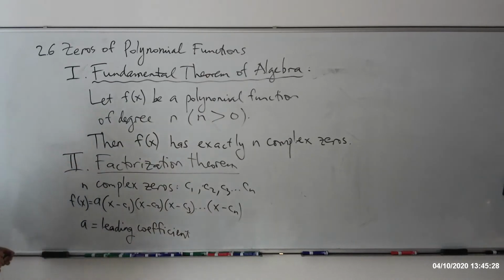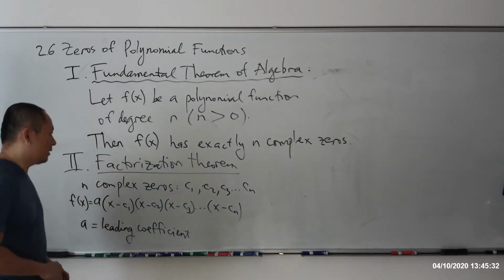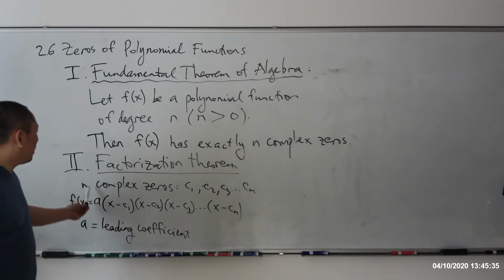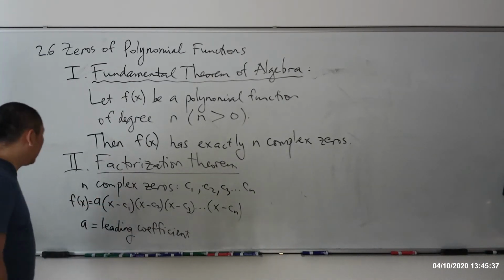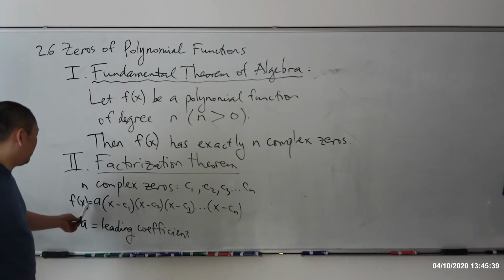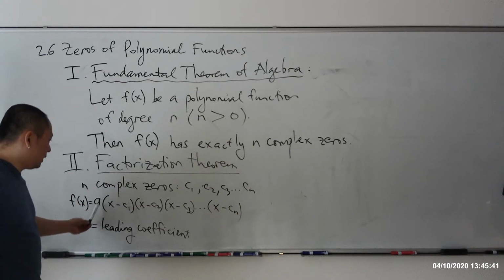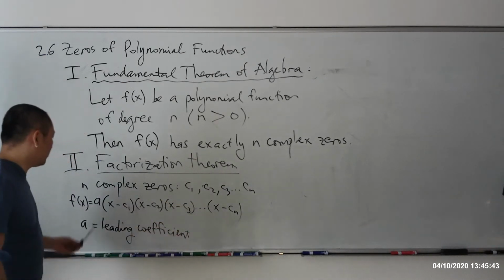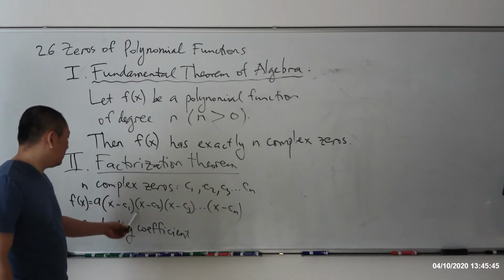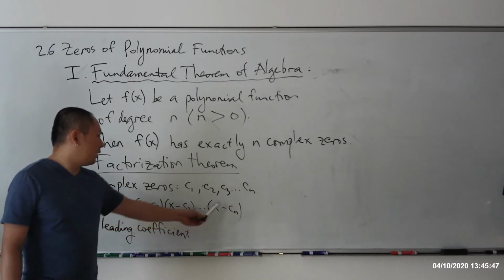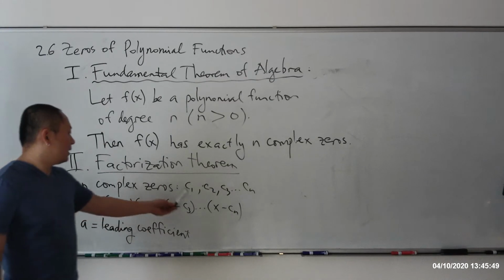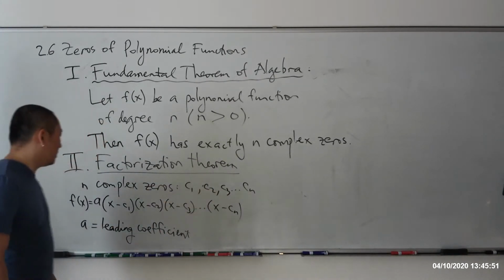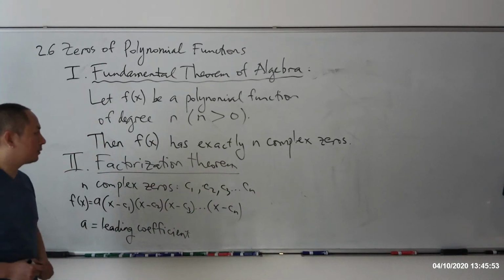So in a nutshell, the second theorem, called the factorization theorem, says that if you have a polynomial f of x of degree n, then you can write f of x in the form of the leading coefficient times n linear factors, x minus c1, x minus c2, x minus c3, all the way to x minus cn, where c1, c2, c3, all the way to cn are the zeros of that polynomial.